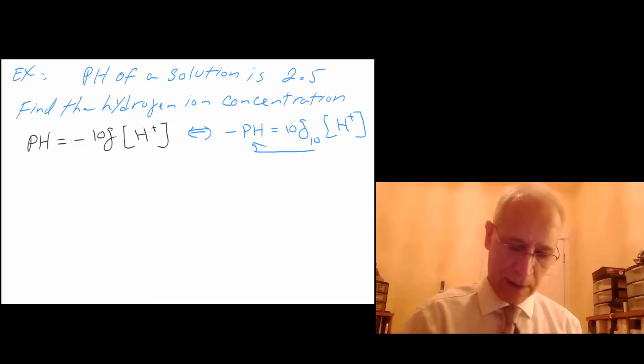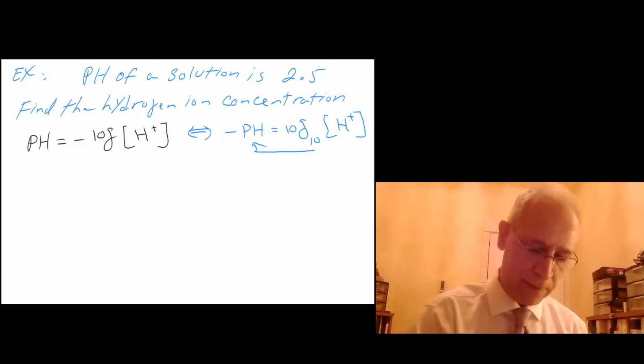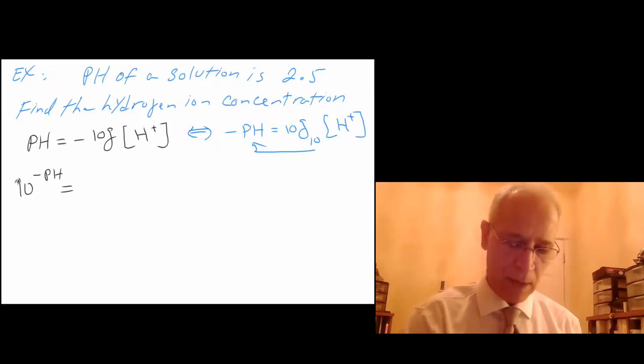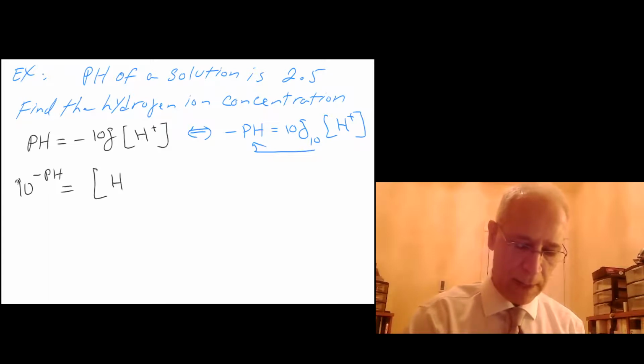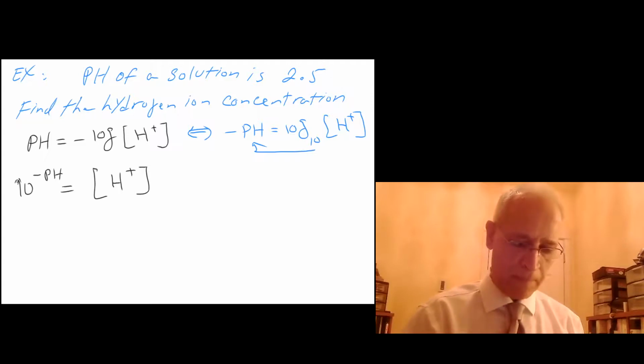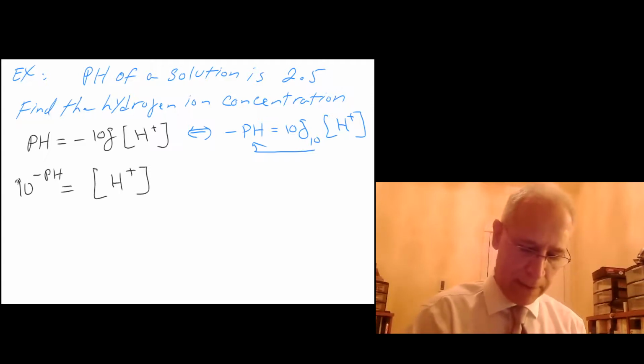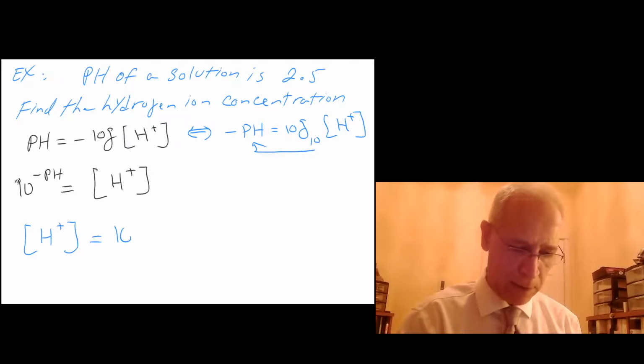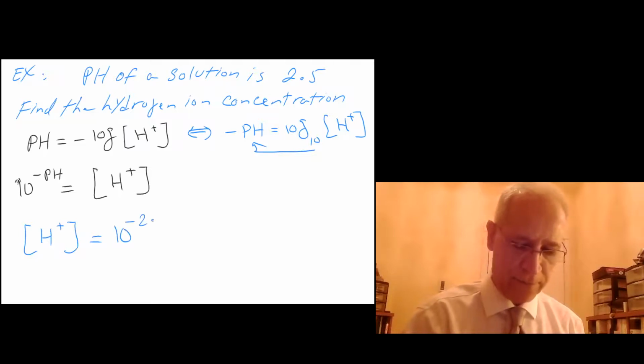So now I can claim that 10 to the minus pH equals H plus. So let me write here that my H plus is going to be 10 to the negative 2.5.